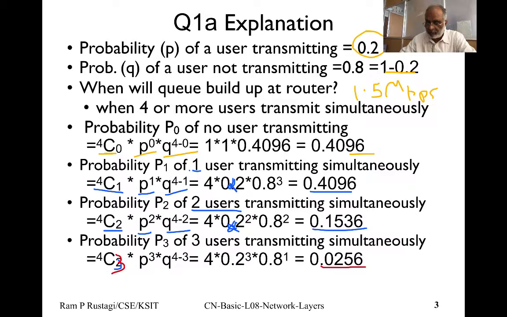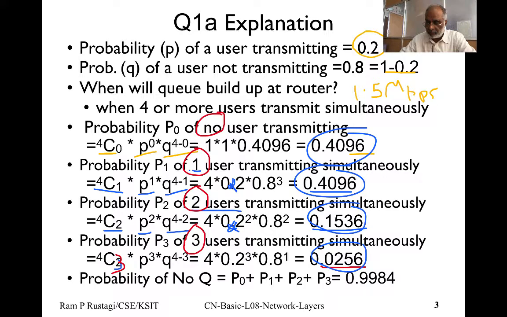Having all four probabilities, that means when no user is transmitting, one user is transmitting, two are transmitting, or three are transmitting, there will be no queue. So the probability of no queuing would be the sum of all these values. When you sum them up, the value we get is 0.9984, and that is the probability of no queuing. You can also work it the same way since there are only 4 users.